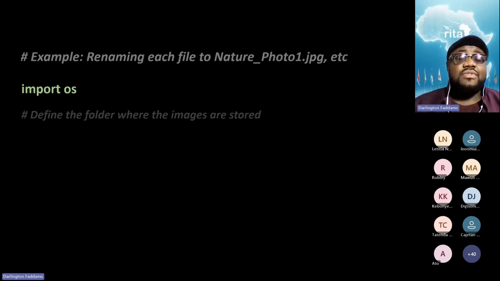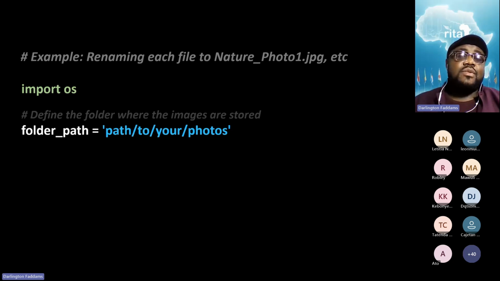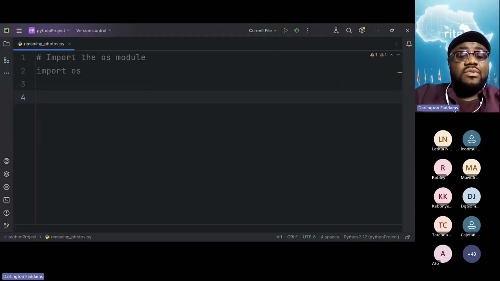All right. So to define the path, we are going to create a variable and we just put the path in it. We've not started doing any complex thing. What we are doing right now is just to create a variable for the path because OS wants us to give the path to it.